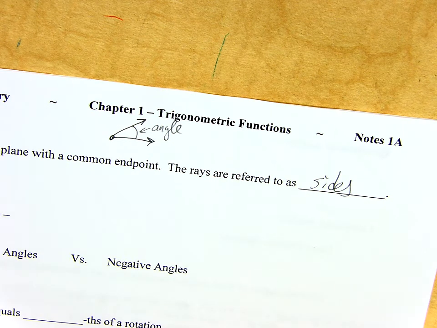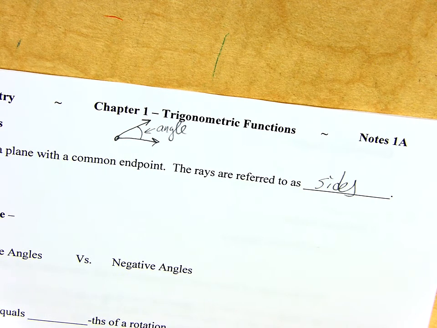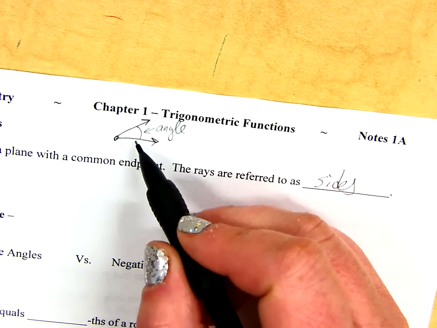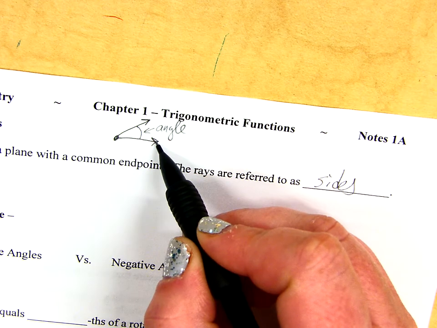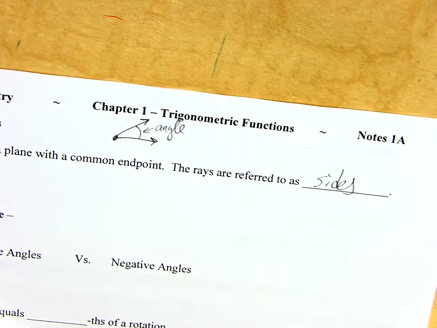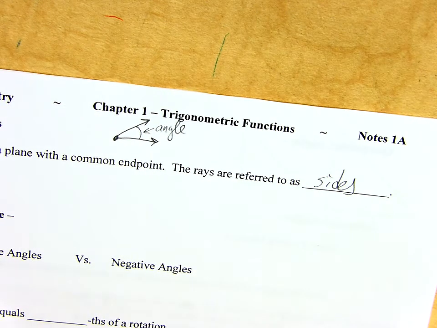Okay, now those two sides, we're going to talk about them a little bit differently. One of them will be referred to as the initial side, and the other will be the terminal side. So usually we're going to have our angles so that one of them is horizontal. So you can take a 30-degree angle and you don't have to have either of the sides be horizontal, but you could certainly move it if you wanted to.